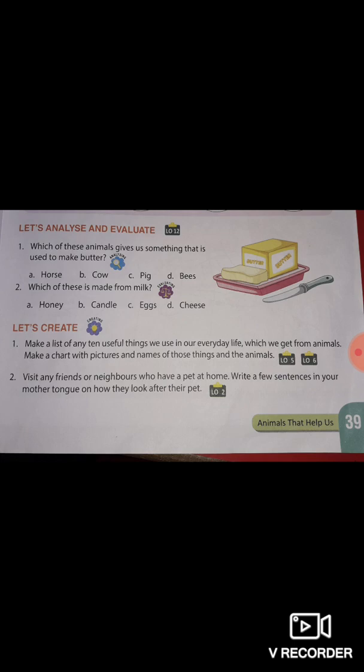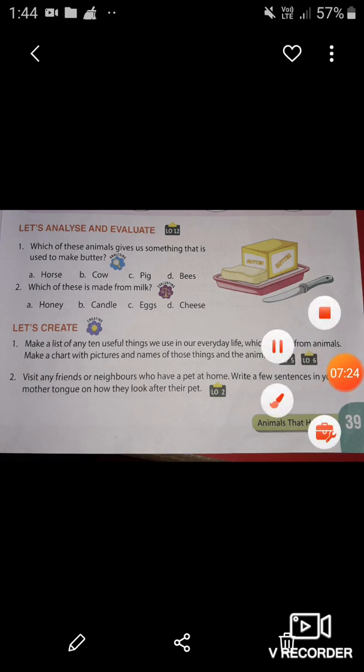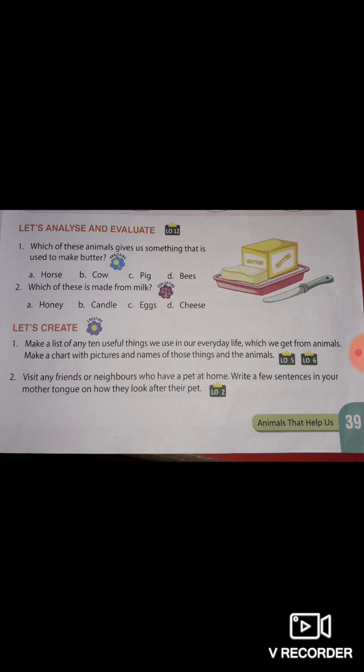So here option number D is correct. We get honey from the honey bee, and we make candles from the bees wax, and we get eggs from hens and ducks. And cheese is a milk product. So here our correct answer is cheese.